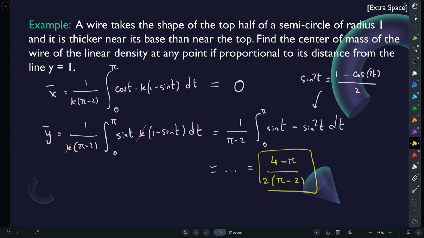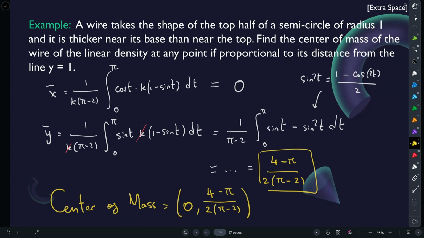So the center of mass is at the point 0, (4 minus pi) over (2 times (pi minus 2)). That's it.